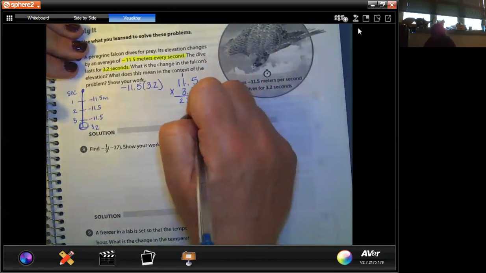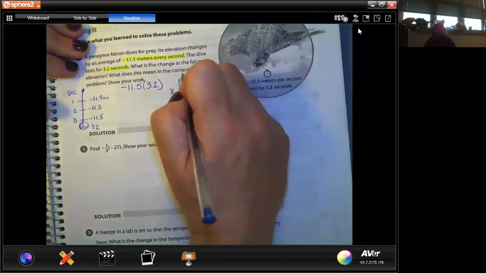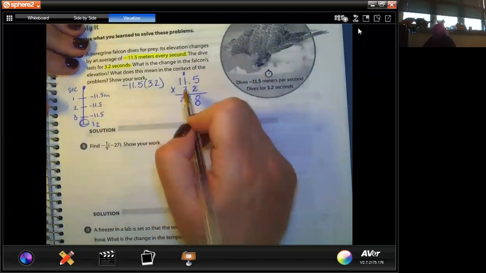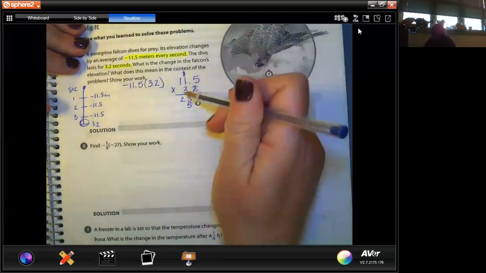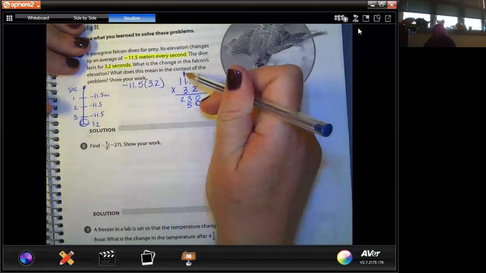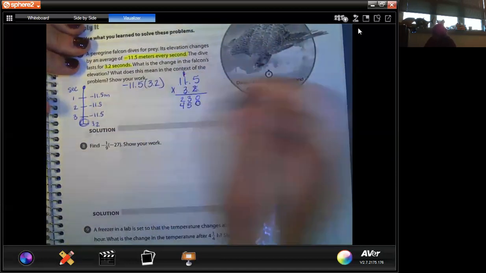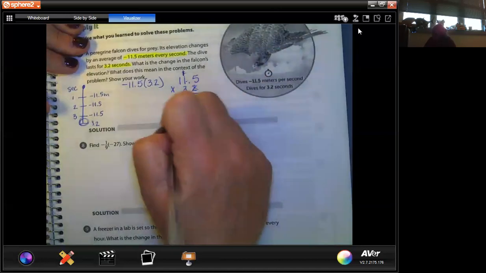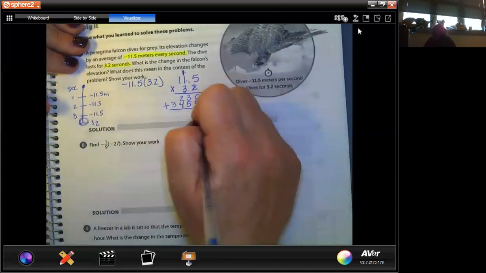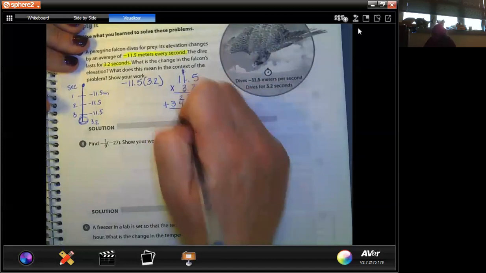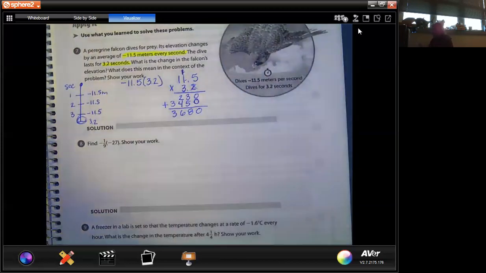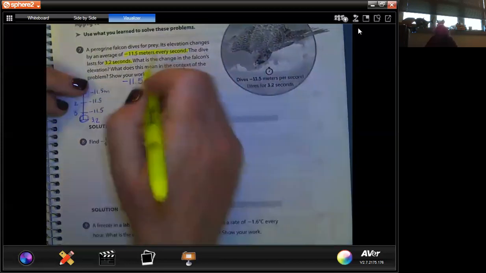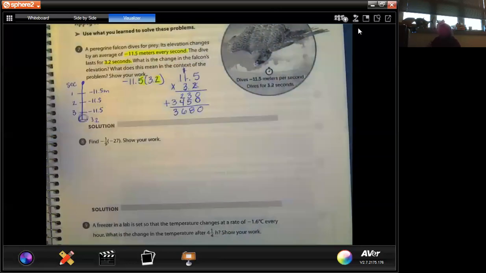So here's my placeholder. Now I'm going to go over to this one. 3 times 5 is 15. Carry the 1, bring down the 5. 3 times 1 is 3, plus 1 more is 4. And then 3 times 1 is 3. Now I'm going to add those together: 0, 8, 6, 3. Now I'm going to go back and find out how many numbers are to the right of the decimal. 1 number, 2 numbers to the right of the decimal.